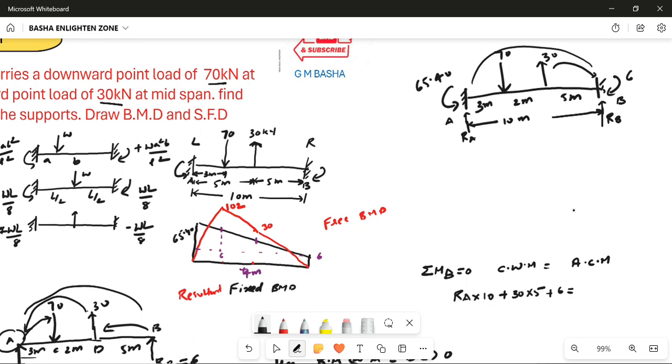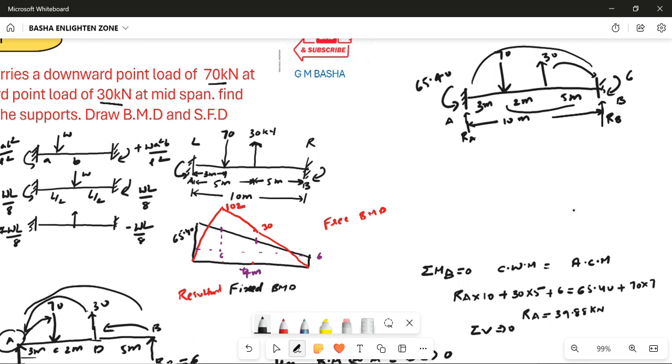And again the anti-clockwise moments come under 65.40, and this one 70 into 7. If you simplify this, how much you will get? You find out RA directly, sending this value outside and calculating with the calculator, you directly get 39.88 kilonewton.